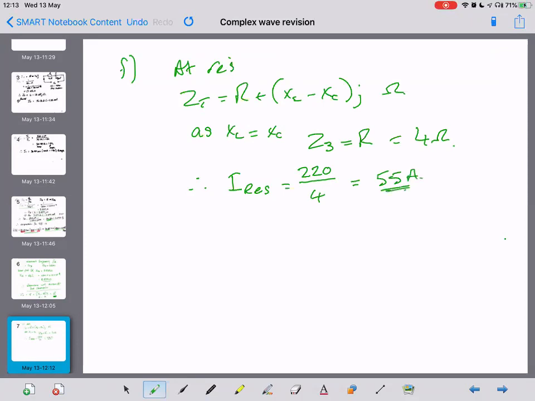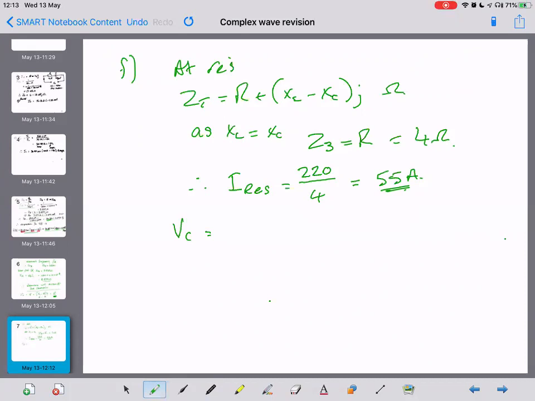That's just the contribution from the third harmonic current. So the original 30-odd amps from the fundamental is still apparent as well.